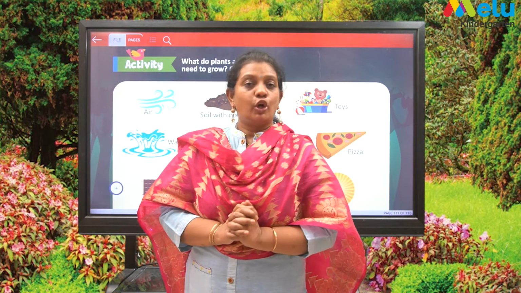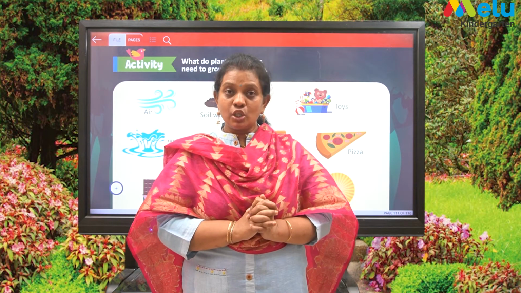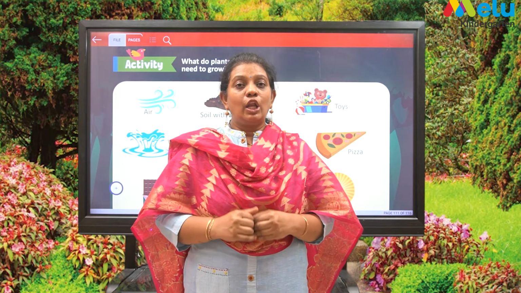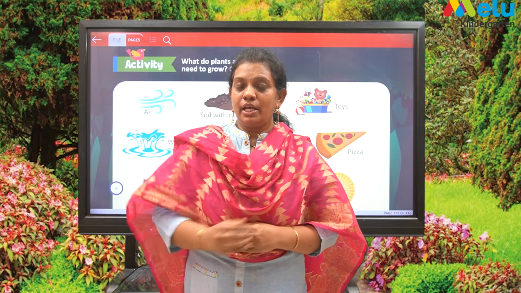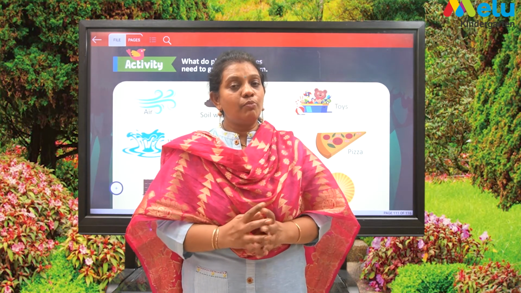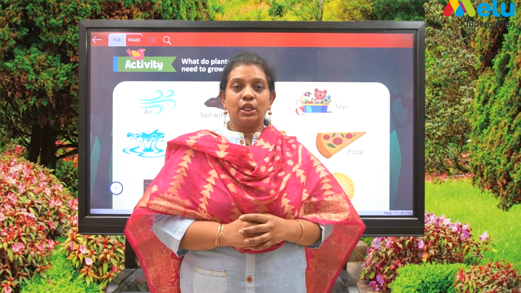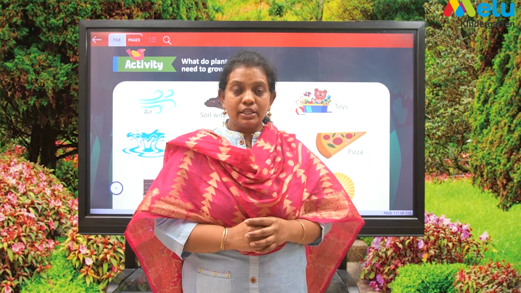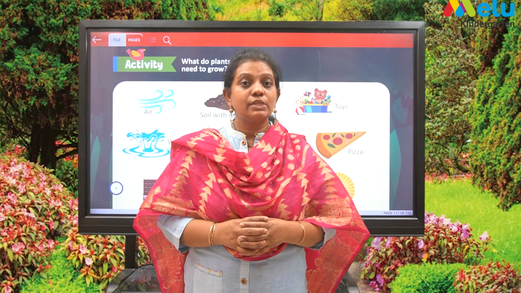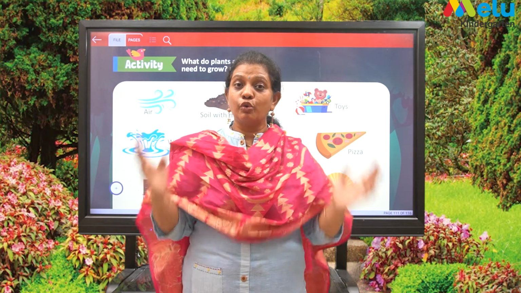Okay, and not only that, from the soil the nutrients also will be carried along with the water to the plant. And children, one more thing which is very important is sunlight. Okay, from sunlight there is something very important that will be utilized by the plants to grow.